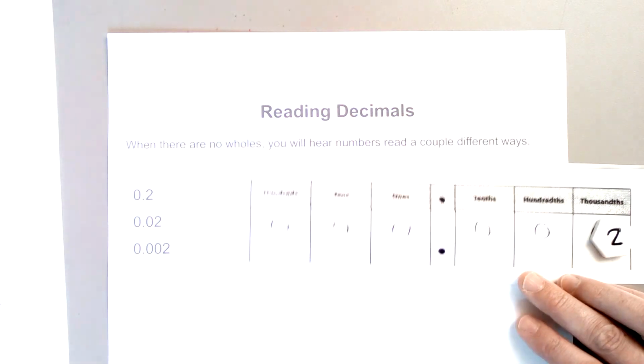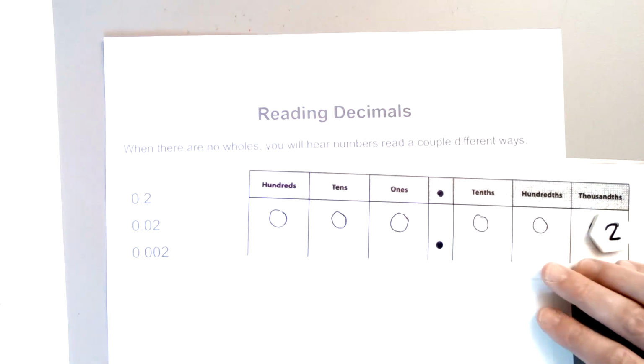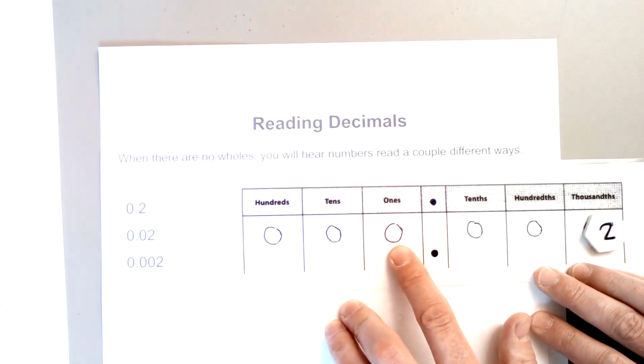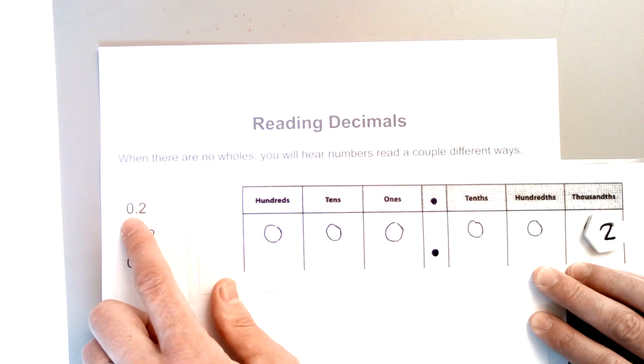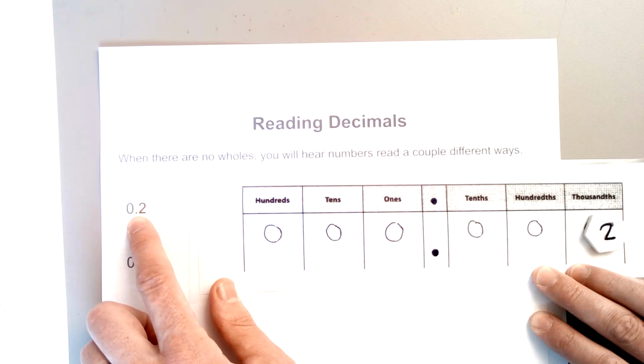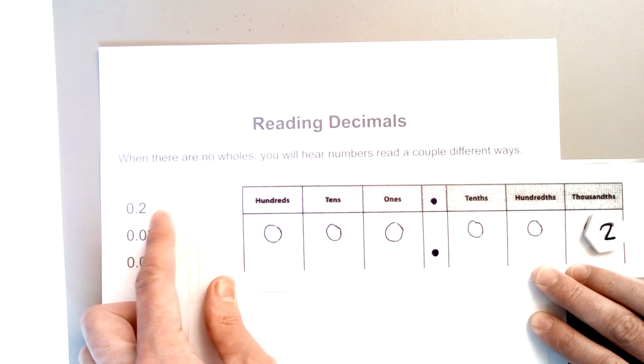But I prefer to actually pronounce the 0 here, the 0 in the ones place, because then I get to say the "and," and it makes it really clear to the listener, oh, he said "and." Now whatever comes after him saying "and" is going to be in the decimal places.